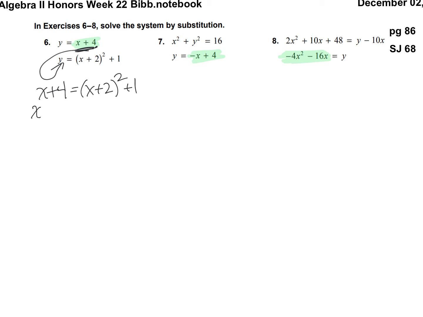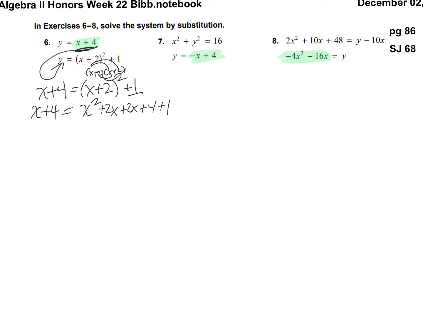So I'm going to write x plus 4, and I'm going to expand x plus 2 times x plus 2. That is x squared plus 2x plus 2x plus 4, and then I still have this plus 1 out here.